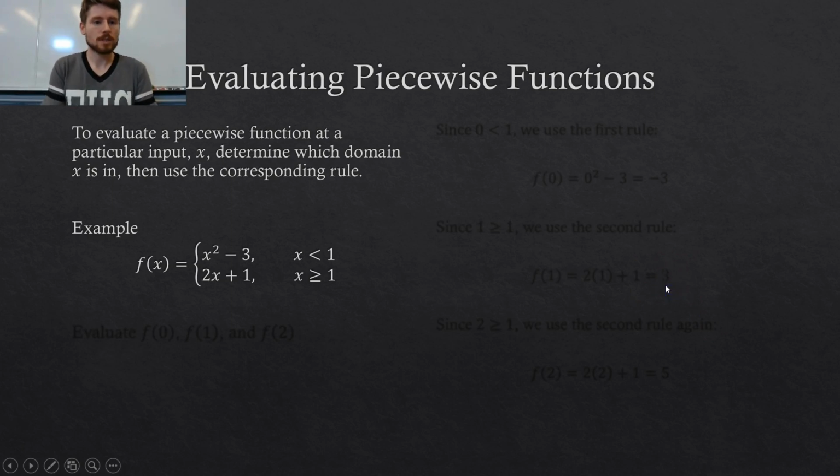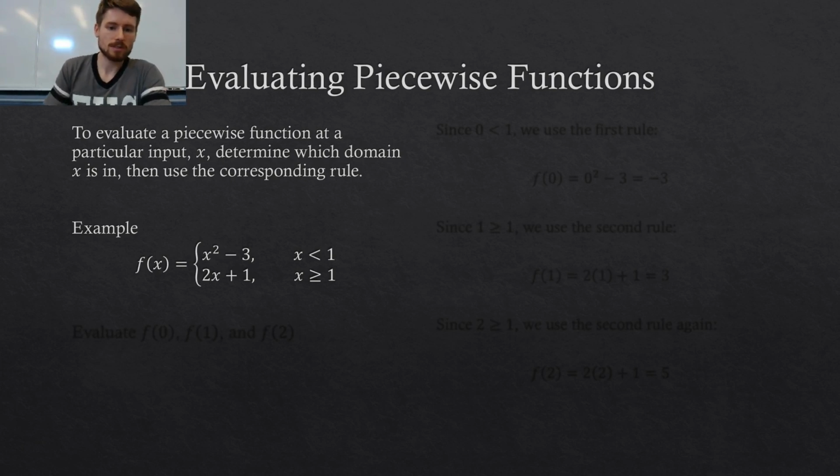So here's an example piecewise function. We have f of x equals x squared minus 3 when x is less than 1. That's a quadratic for inputs that are left of 1. And 2x plus 1, which is a linear function, when x is greater than or equal to 1.